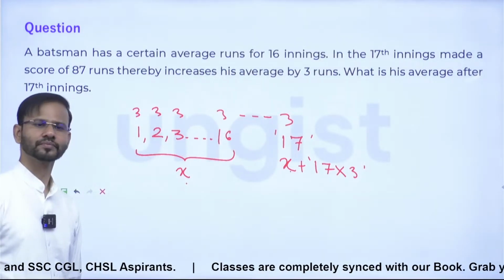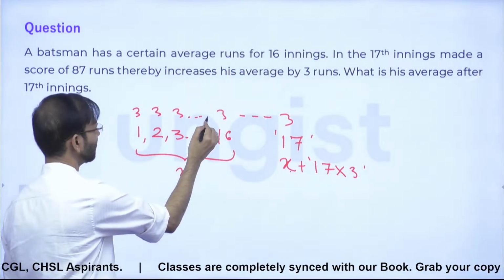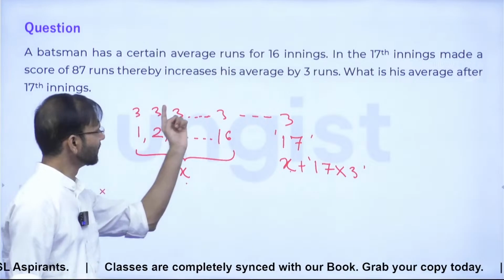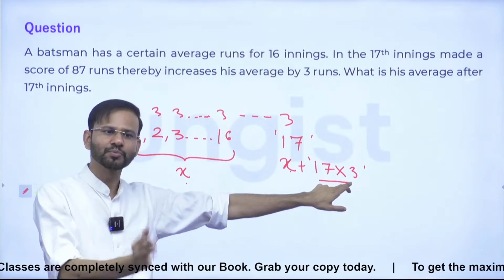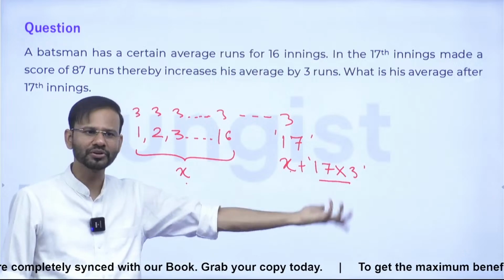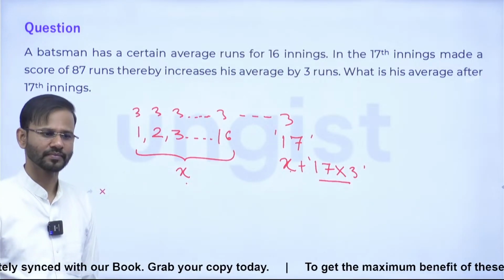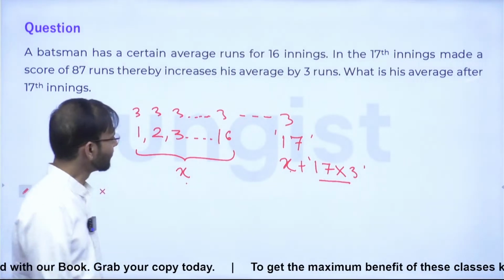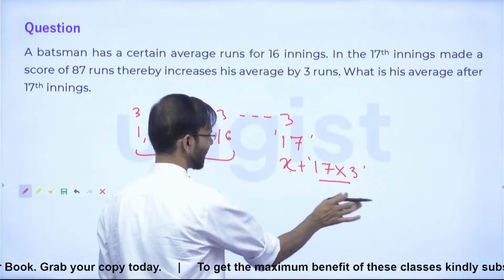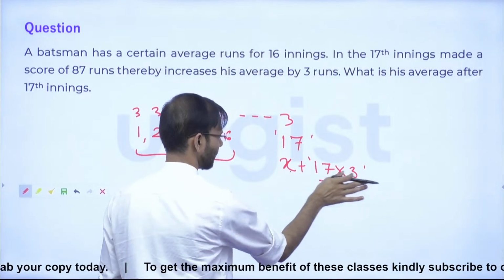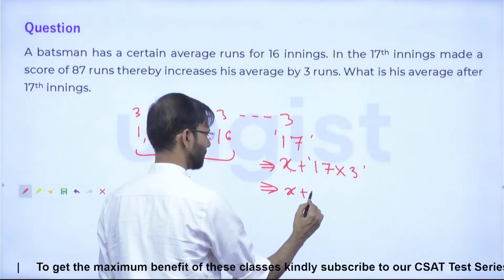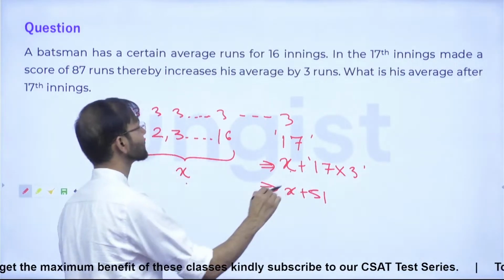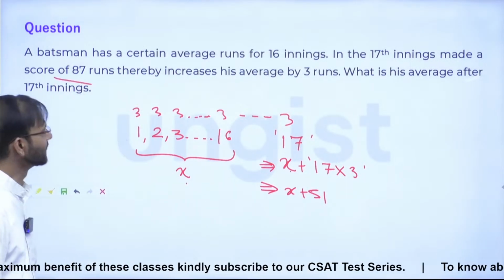Yes or no? Right. It means he must have a score of 17 into 3 extra than the average. That's why he is able to contribute that. Correct? So in 17th innings, he has scored X plus 51. And the question is saying he has scored 87.